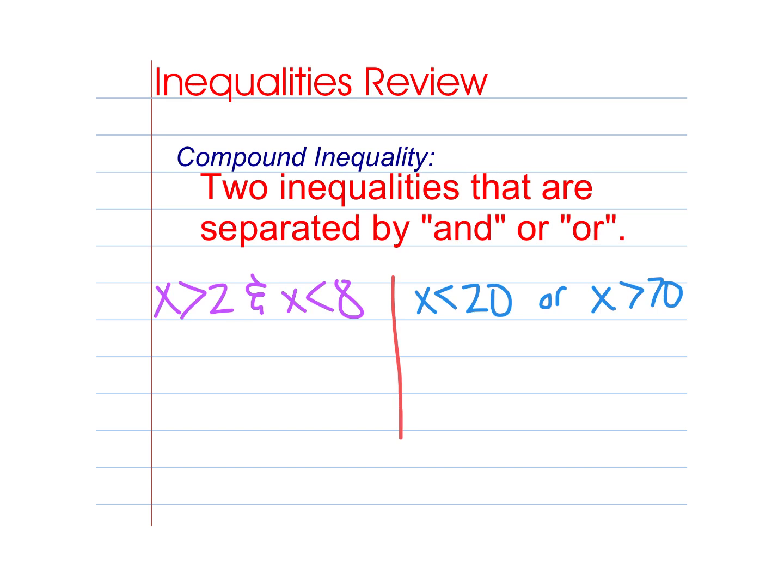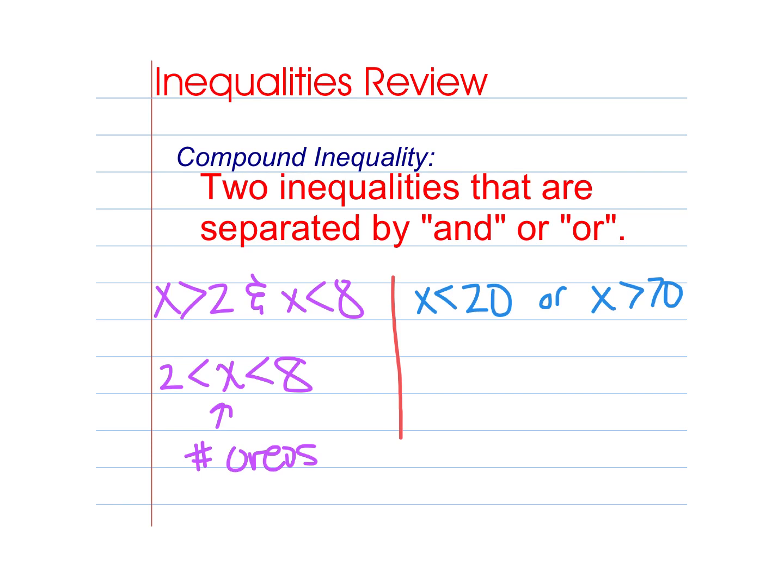This can also be written like so, 2 is less than x, which is less than 8, because we're talking about a number that is in between 2 and 8. This might be like the number of Oreos that I eat. I'm going to have more than 2, but less than 8. It satisfies both of those.